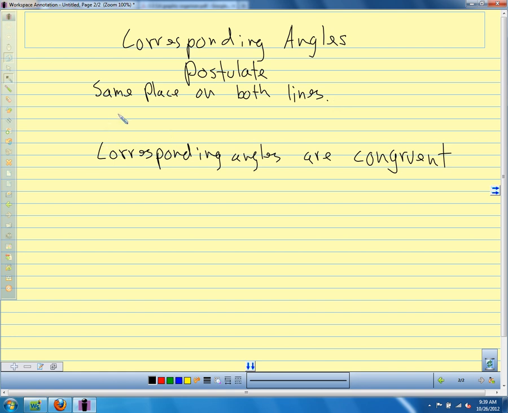On our picture, we have a bunch of corresponding angles. You should put these in your box so you know which ones on your picture are corresponding. Angle 2 and angle 6 are corresponding angles. Each one of those is above the transversal, and below the parallel line, kind of to the right of the parallel line.